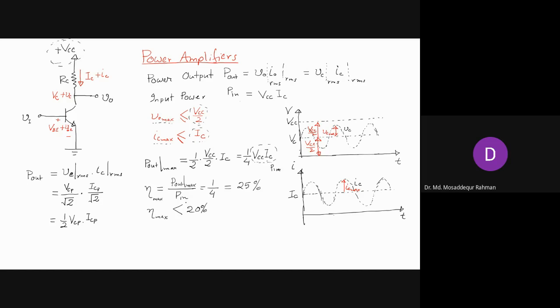So what are the issues here? When at the output you need to deliver high power to the load, then your battery has to supply high power, right? But 80% of the total power supplied by the battery will be wasted, so it will quickly drain your battery.